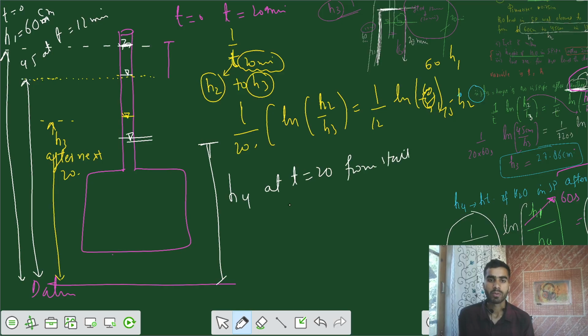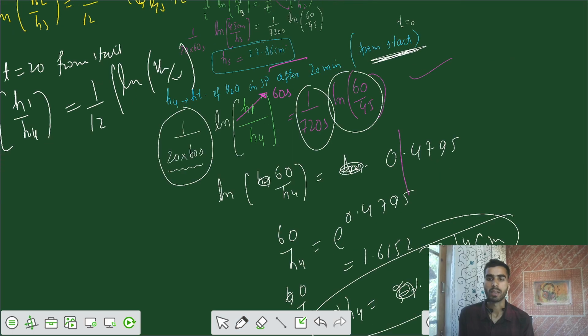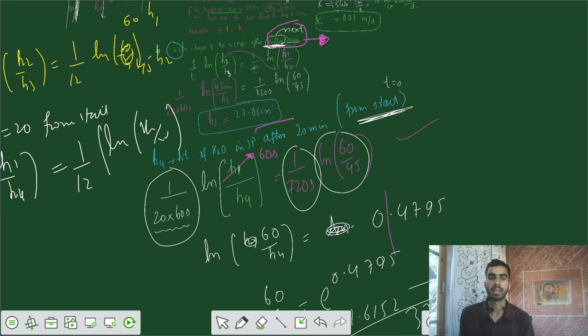So my equation becomes 1 by 20 of ln of h1 by h4, and one more condition was 1 by 12 of ln of h1 by h2. That's why we have these two different equations. I hope you are getting the solution.